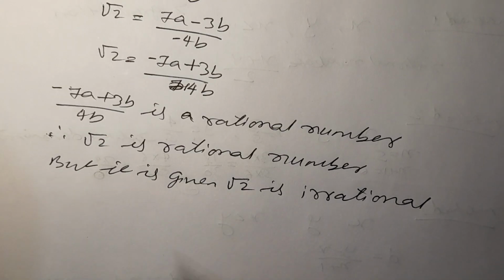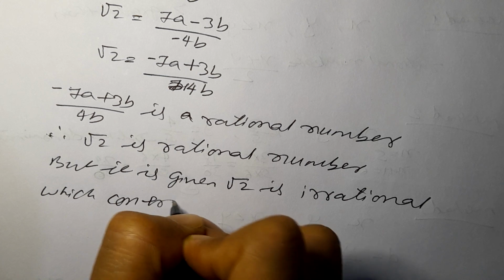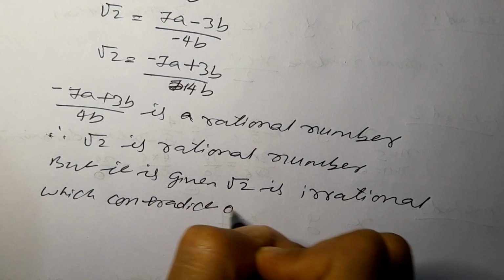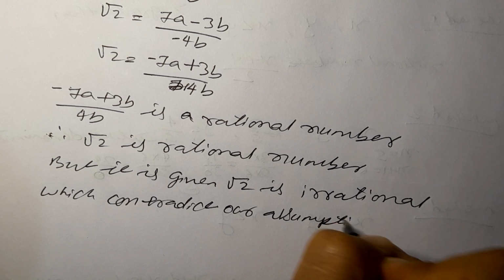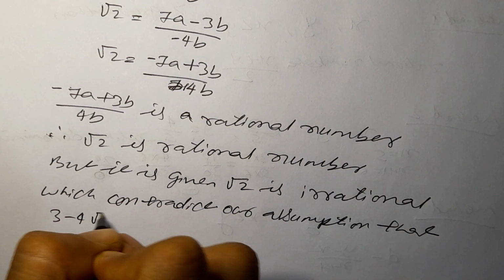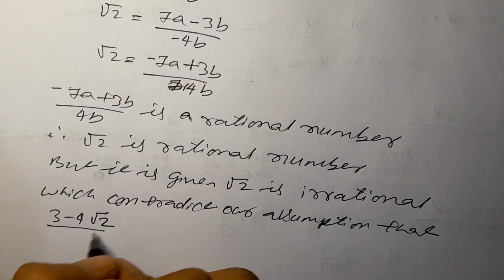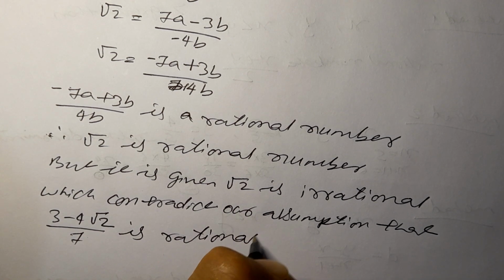So this contradicts our assumption that (3 minus 4 root 2) divided by 7 is a rational number.